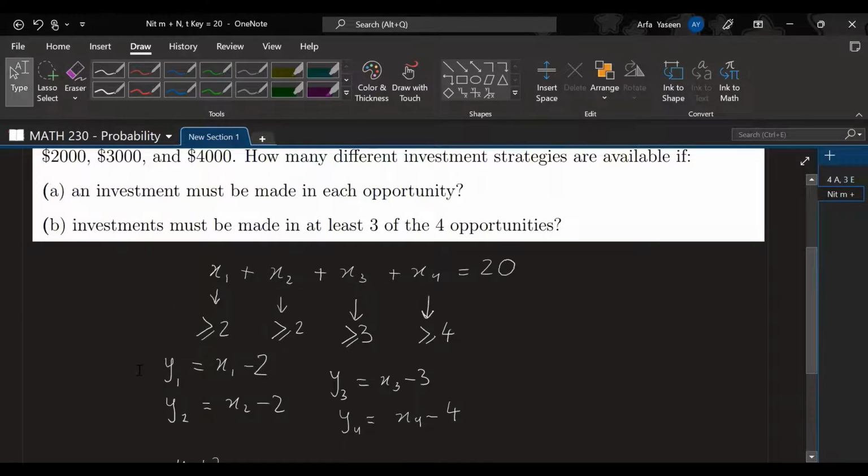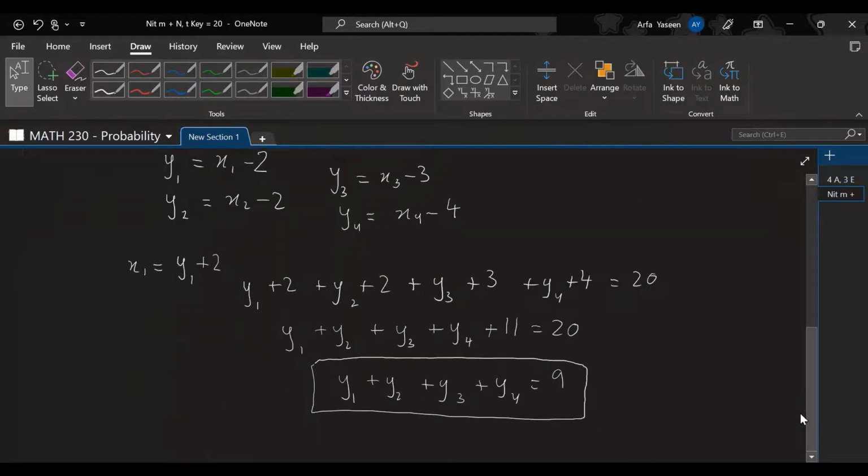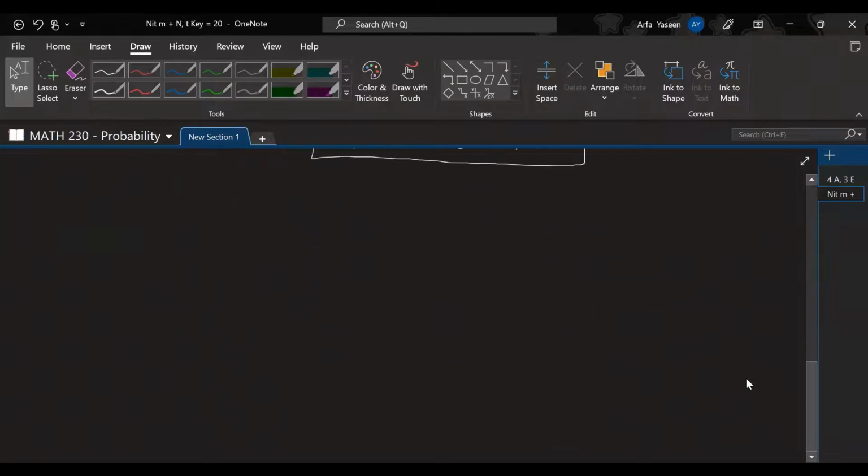Now for part B, it says that the investments have to be made in at least 3 of the 4 opportunities, which means that we will consider cases where we invest in 3 opportunities out of the 4, and where we invest in all 4 opportunities, right?